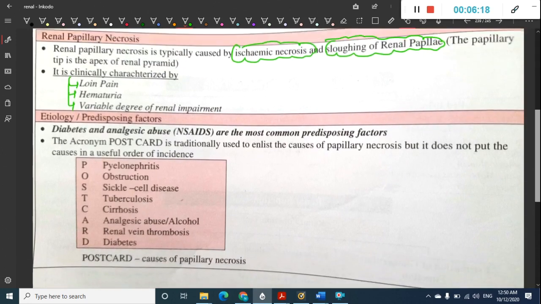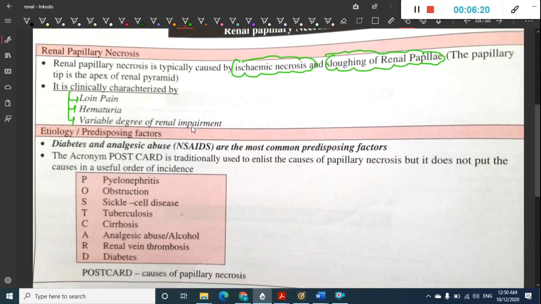So what are the etiological factors? Diabetes and analgesic use are the most common predisposing factors, but the main causative factors include pyelonephritis, obstruction, sickle cell disease, tuberculosis, cirrhosis, analgesic abuse or alcohol, renal vein thrombosis and diabetes.